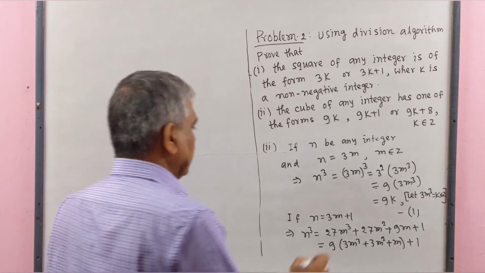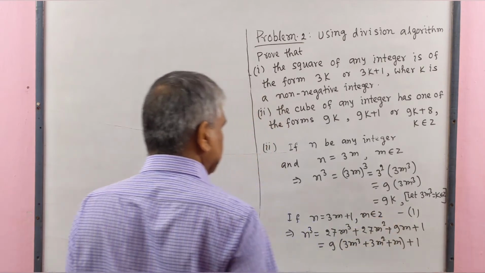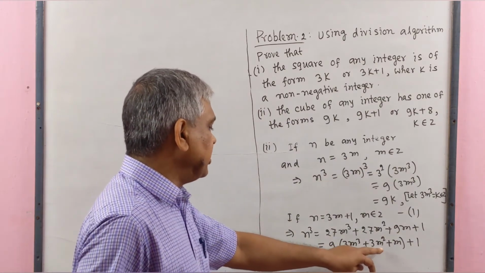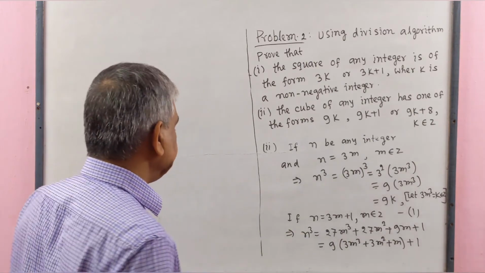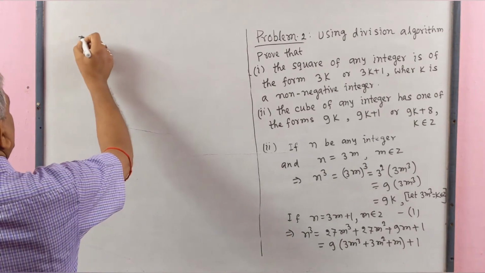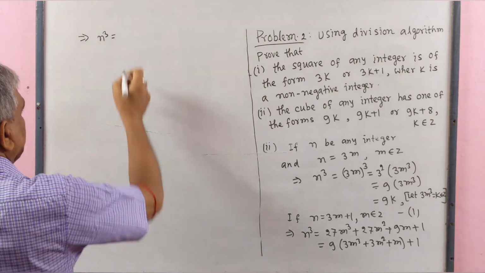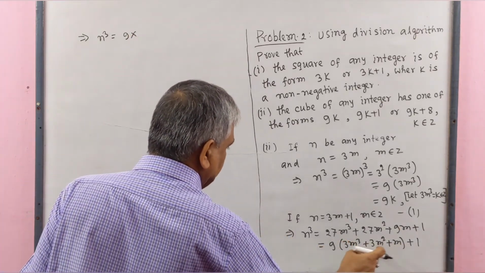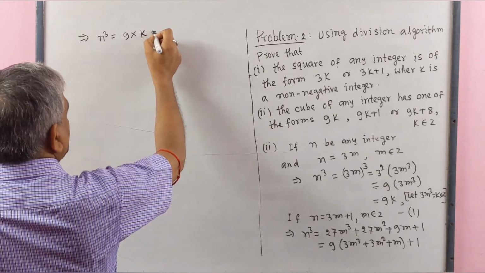Since m is an integer, therefore 3m cube plus 3m square plus m is also an integer. This implies that n cube equals 9 multiplied by this integer plus 1.